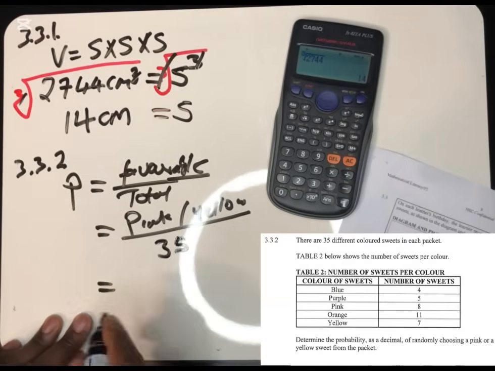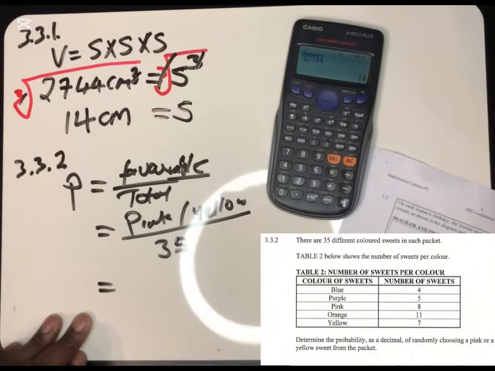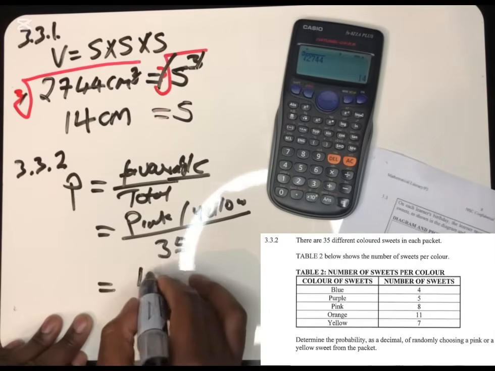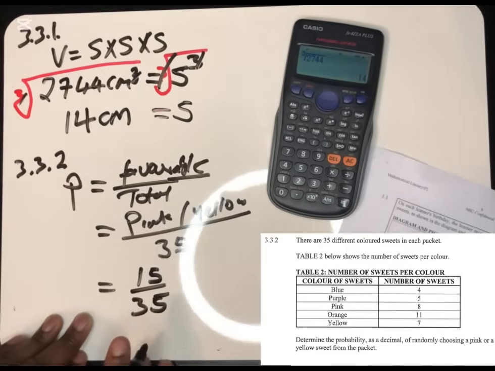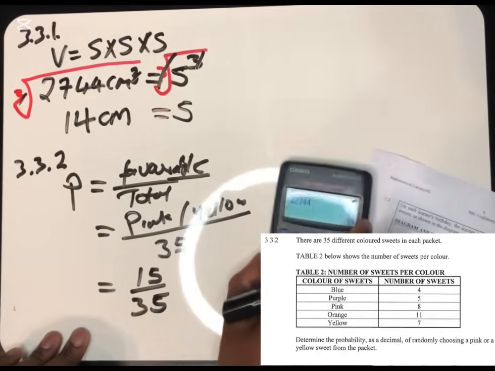And then let's go and add the favorable one, which is pink and yellow. Pink here is 8, yellow is 7. What is 8 plus 7? It is 15. So we are going to have 15 over 35. They said as what? As decimal. You just take your calculator.